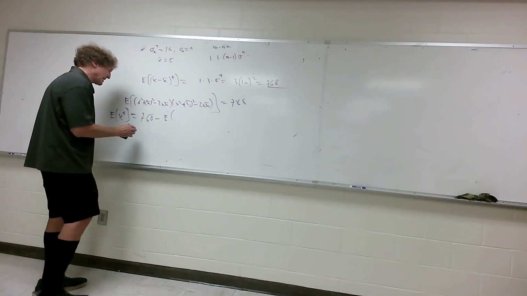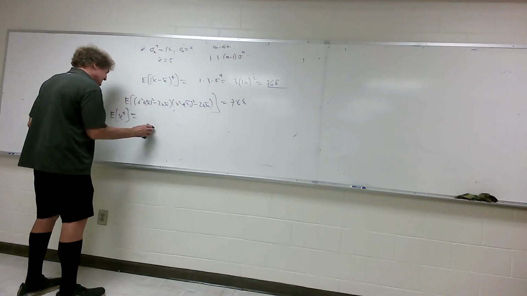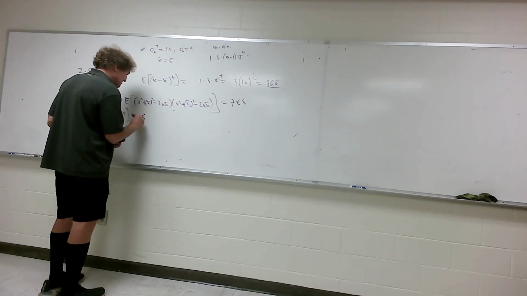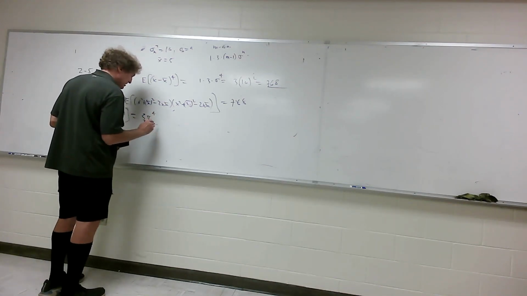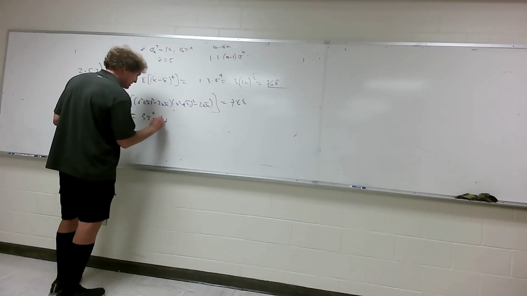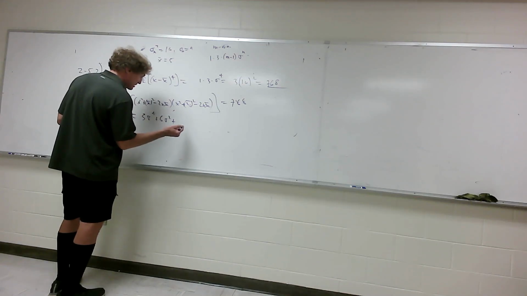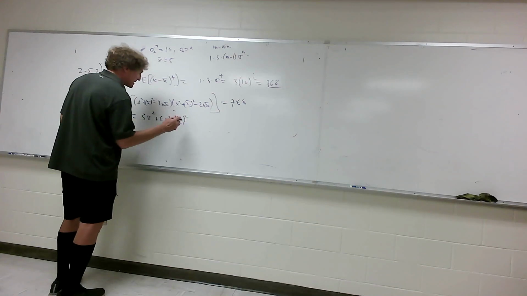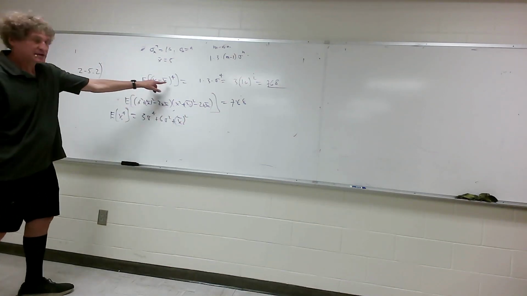Now, in the book, he has a formula, and he said this is equal to 3 sigma to the fourth plus 6 sigma squared times the mean value squared, plus the mean value to the fourth. There are tricks when you're doing these.